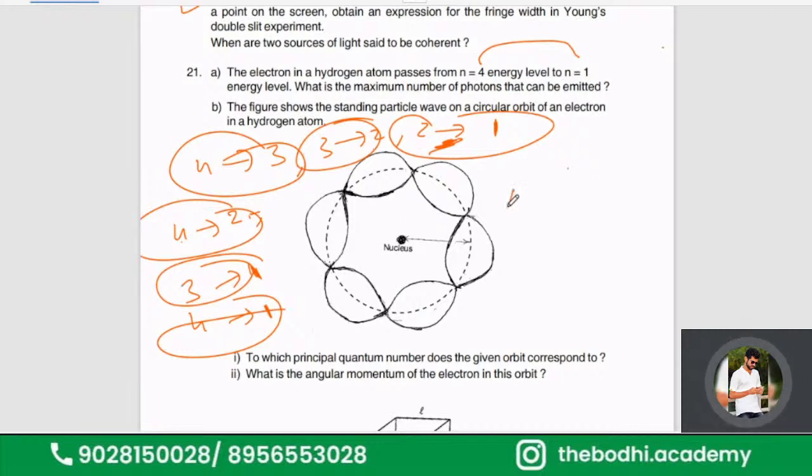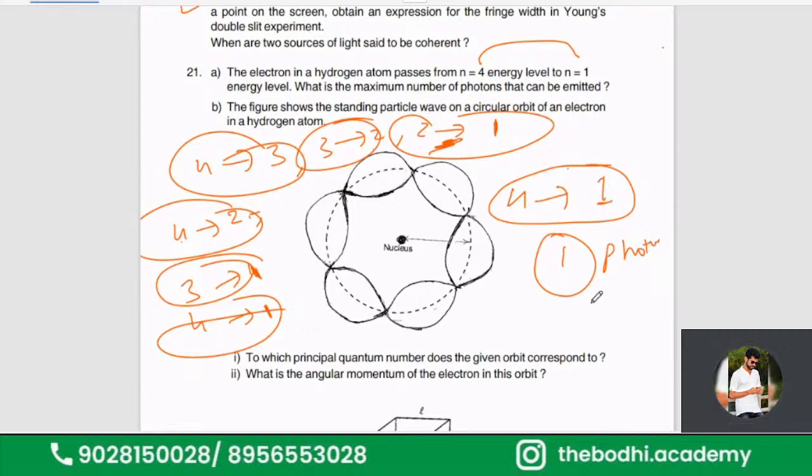If you see, maximum means all the possibilities. Minimum means the direct jump, that is 4 to 1. So only one photon is possible at minimum. Understood, all of you? Let's see the next question.